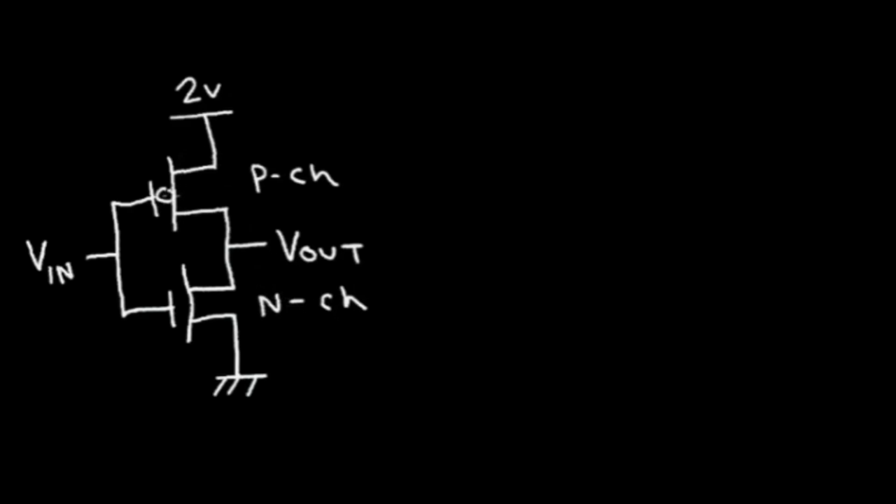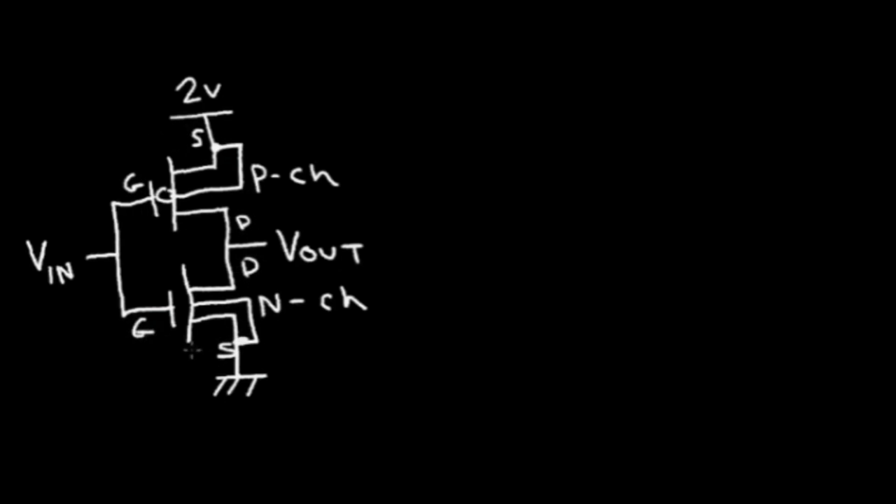And for completeness, I might include the 4th terminal, which is the well connection for the PMOS, and connect that up to the high voltage. And the substrate connection for the NMOS will connect down to ground. Now recall that this is the source voltage, this is the gate of the PMOS, this is the drain of the PMOS, this is the drain of the NMOS, this is the source of the NMOS, and this is the gate of the NMOS.